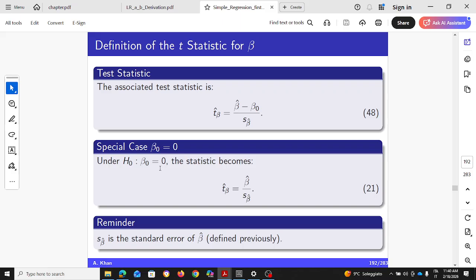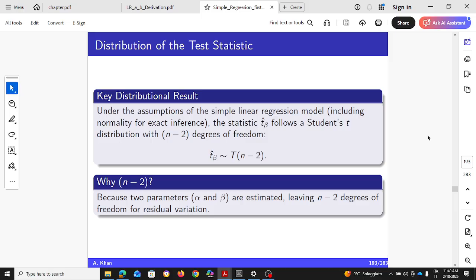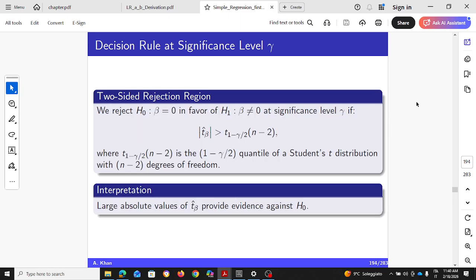If beta naught is equal to 0, this term is equal to 0, so we have beta hat divided by this, which we defined before as the standard error for beta hat. Under the assumption, this has a t-distribution with n minus 2 degrees of freedom because we have alpha and beta in our model.